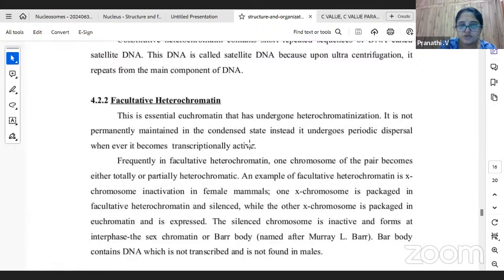So one pair of chromosome becomes partially or totally heterochromatic. An example is the X chromosome if it gets inactivated in female mammals. So this is gene silencing or chromosome silencing. And the X chromosome, if it gets silenced, the other is packaged in the euchromatin and it gets expressed.